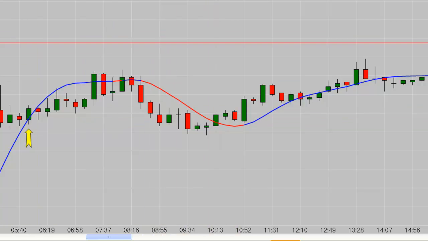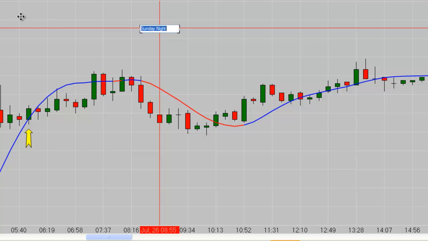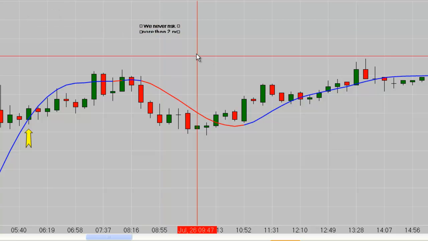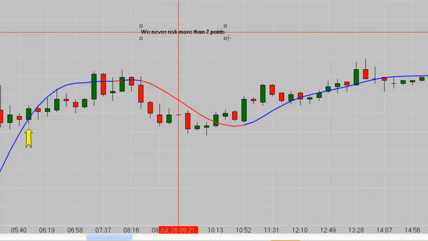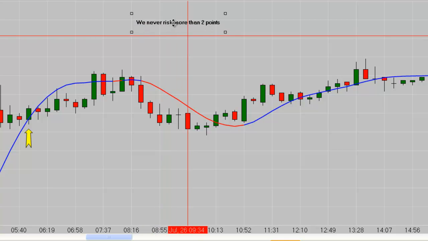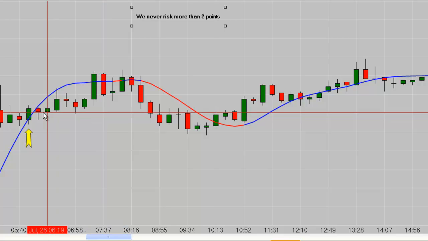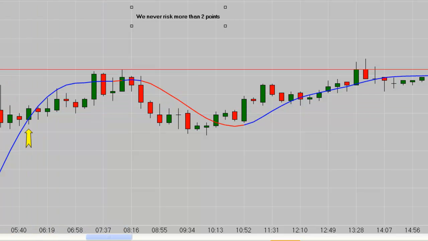Now let me say this. I haven't mentioned this yet. We never risk more than 2 points. Not with this trade and not with this trade setup. So what does that mean if we attempt to sell the market short right here?